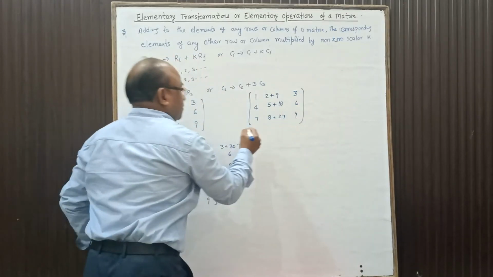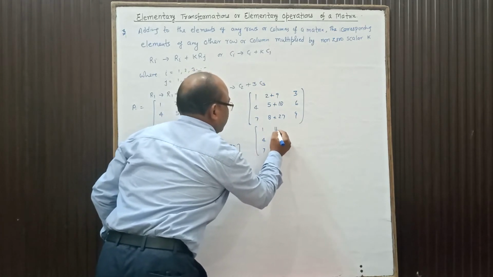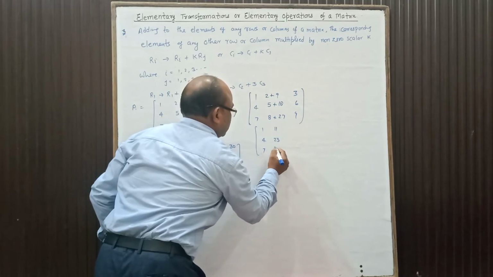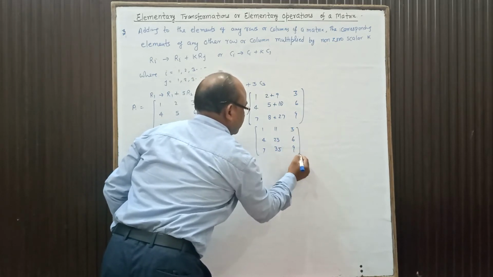After simplification we get 1, 4, 7, 11, 23, 35, 3, 6, 9.